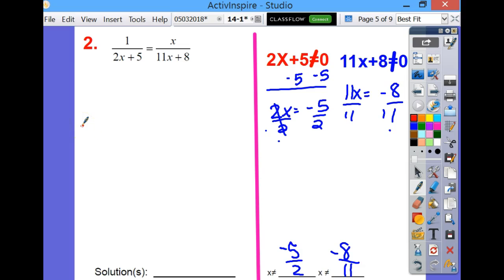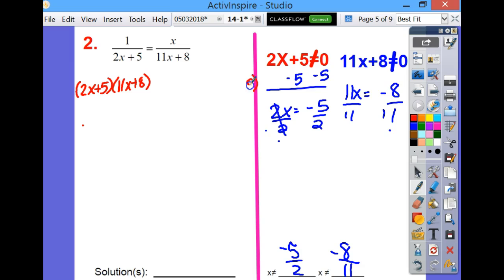We're going to solve this proportion by multiplying both sides by the LCD. Are you getting a little bit better at finding the LCD if the factoring's not too terrible? The LCD would be 2x plus 5, 11x plus 8.